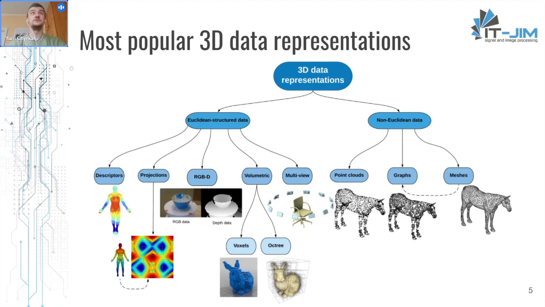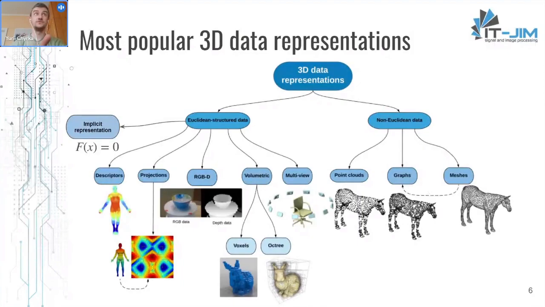Here we can see a few types of representations, such as descriptors, projections, RGB image plus depth, volumetric representations such as voxels and octrees, and multi-view representations. For non-Euclidean data, the most popular ones are point clouds, meshes, and graphs.